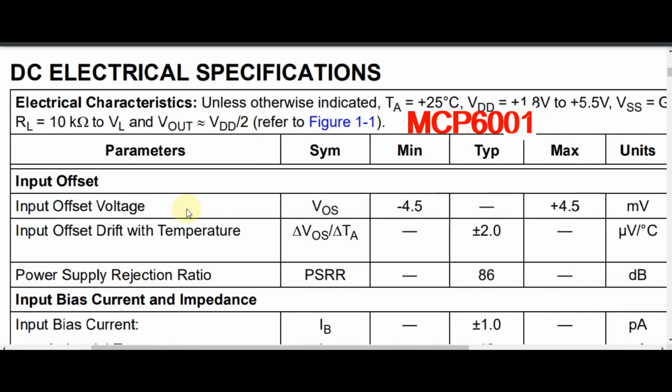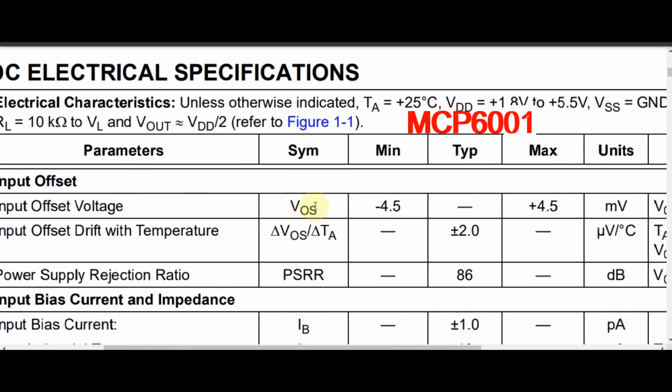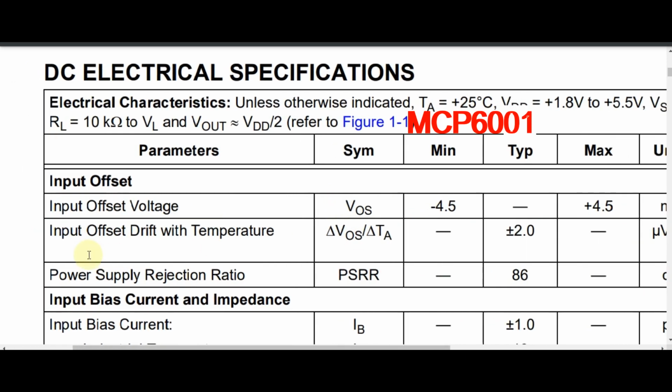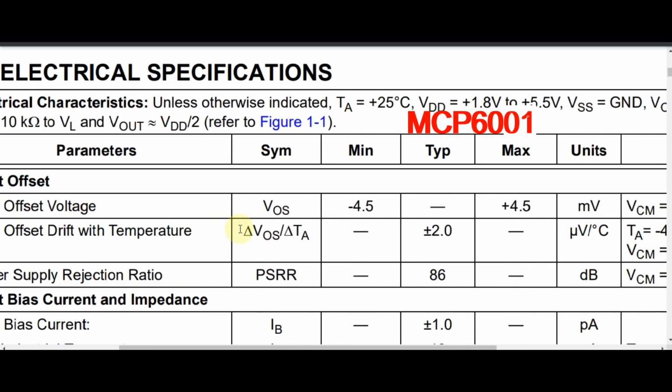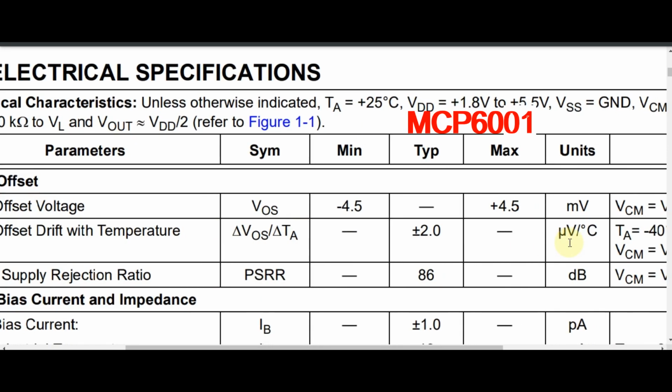There is an input offset voltage given by VOS, minus 4.5 to plus 4.5 millivolt, and it has also given the input offset drift with temperature, which is plus minus 2 microvolt per degree centigrade.